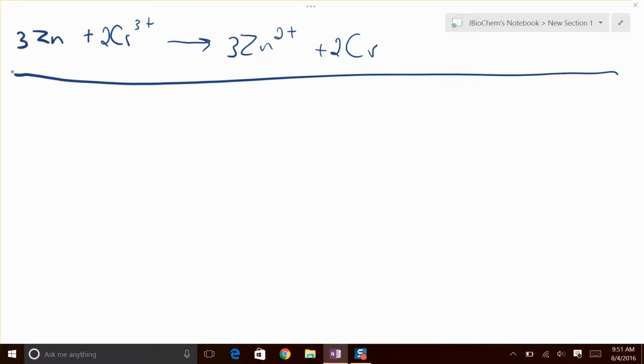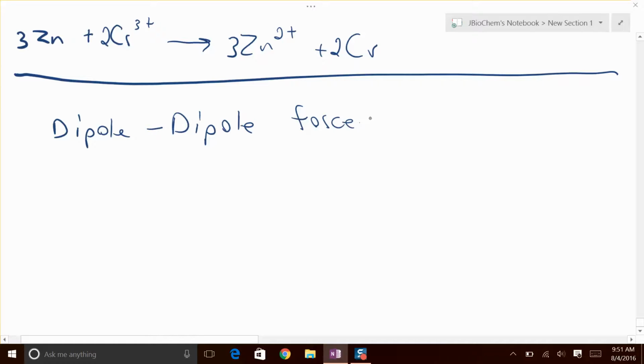Okay, so we have dipole forces, and we have London forces, or dispersion. This is like the first day of class, right? Pretty much, yeah. So dipole forces and dispersion, London forces.